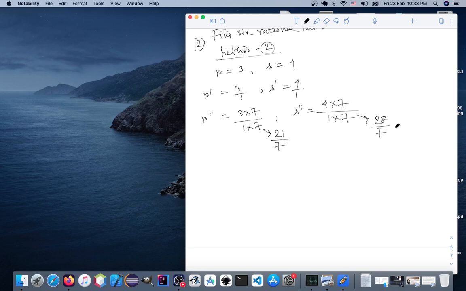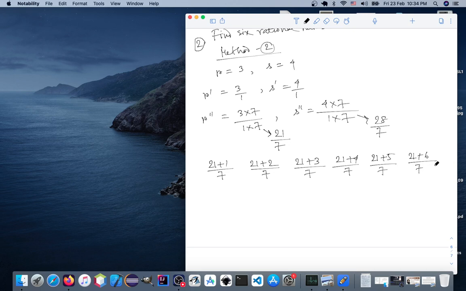So the 6 rational numbers finally will be (21+1)/7, (21+2)/7, (21+3)/7, (21+4)/7, (21+5)/7, and we have to go up to 21 plus 6, since we need 6 numbers.